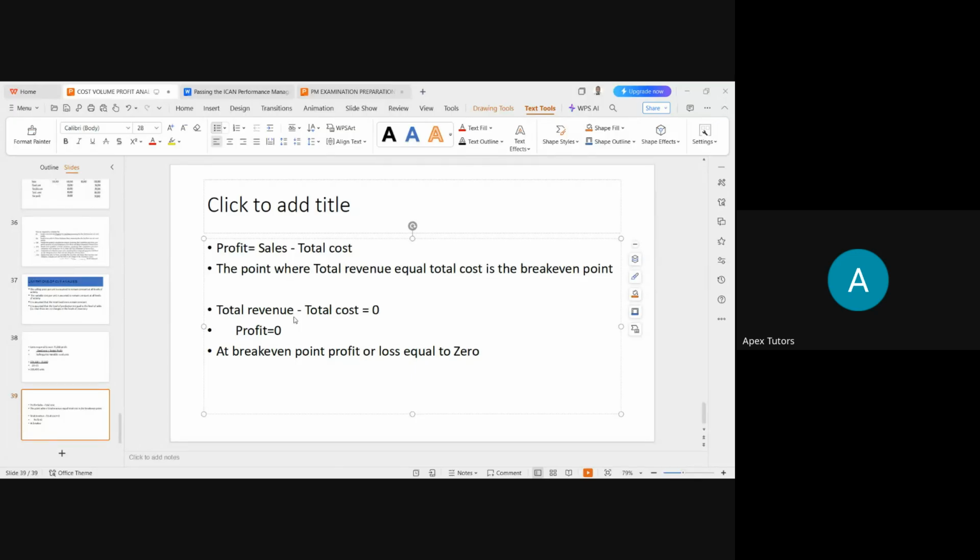How much should I fix per unit to be able to achieve a target profit?